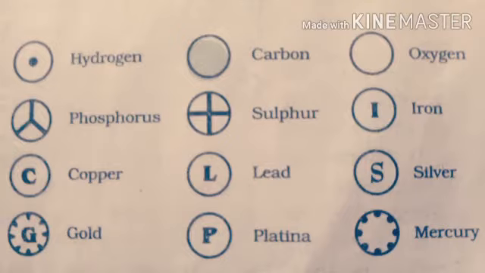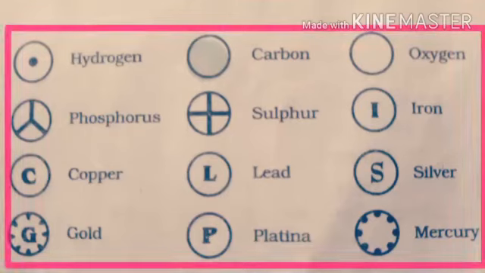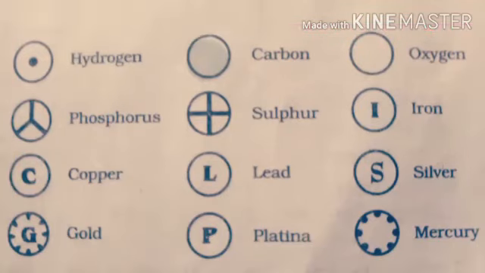He used various signs in the circle to represent the symbol, but it was not a convenient way to remember all these symbols. So Berzelius, one of the scientists, suggested that the symbols of elements be made from one or two letters of the name of the elements.